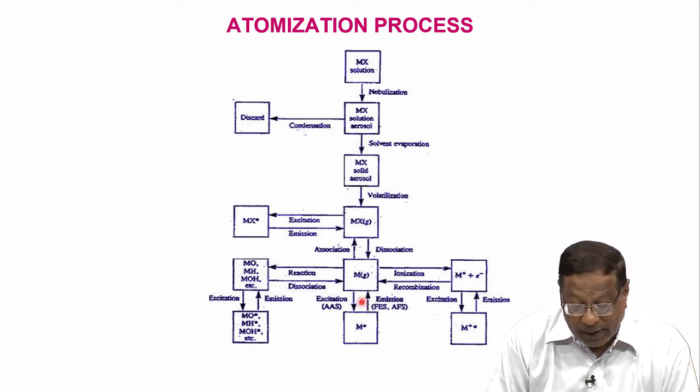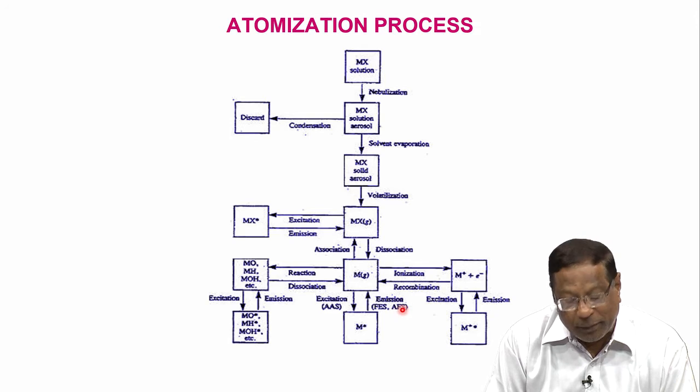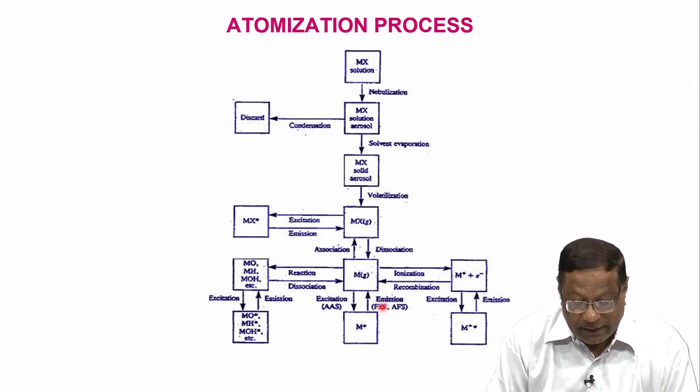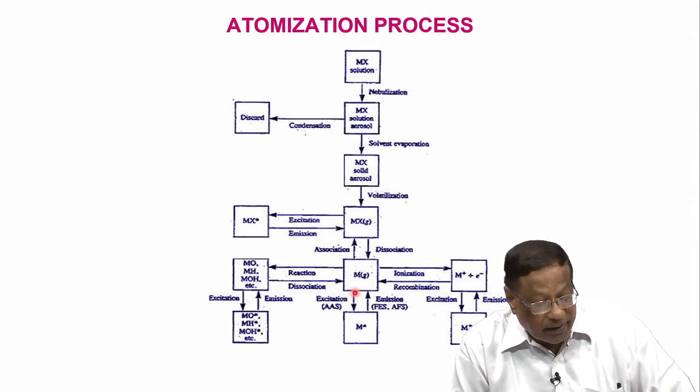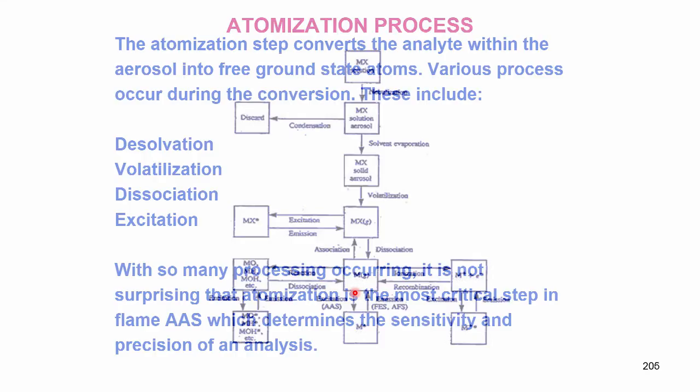Among the emission techniques, flame emission spectrometry and atomic fluorescence spectrometry are both possible, and instruments are available to measure atomic fluorescence and flame emission. But right now we are talking about atomic absorption spectrometry, that is, we are interested only in this process. So, this is how the mechanism of atomic absorption takes place.